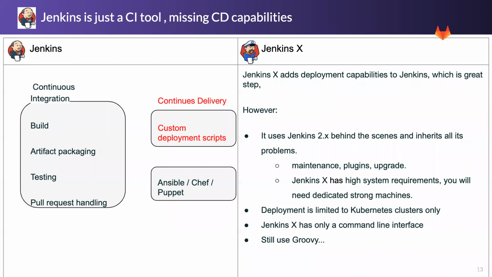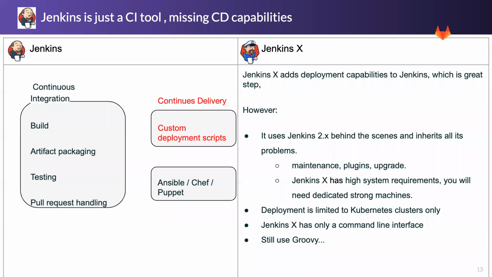But the challenge with Jenkins X is that it's not new code, it's not a replacement of Jenkins. It takes the old Jenkins 2.x, and on top of that, it installs a patch. So behind the scenes, it inherits all of the old Jenkins problems that I just discussed: maintenance, plugins, upgrades.